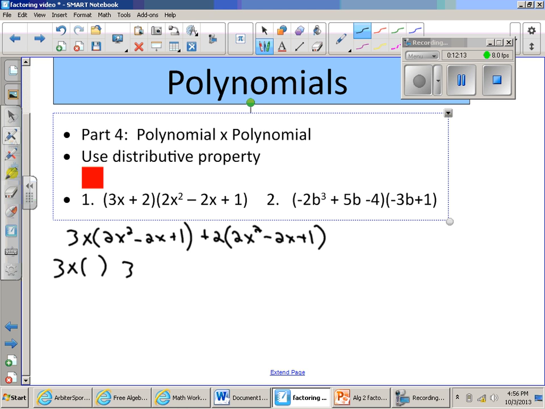Rewrite 3x 3 times because we have 3 terms this time. 2x squared minus 2x plus 1. Up to 2 3 times.